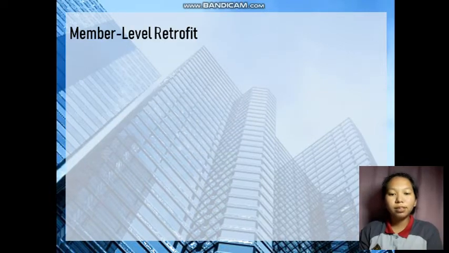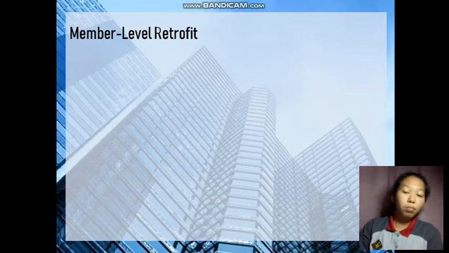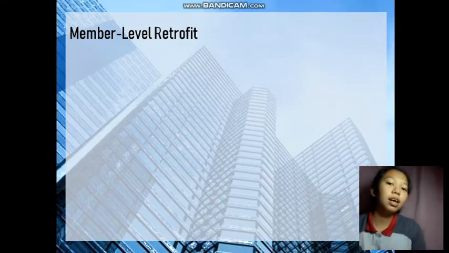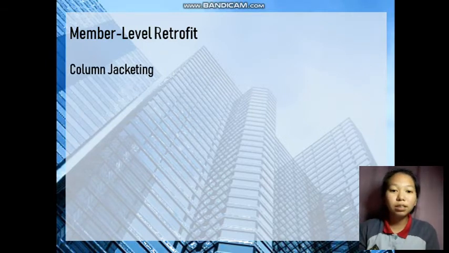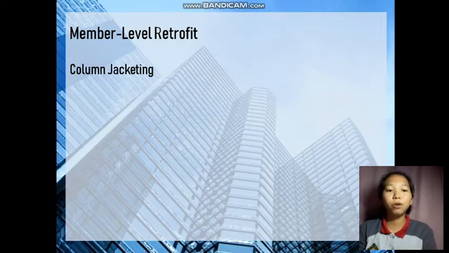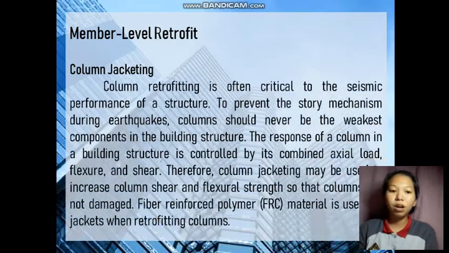So now, next is the member level retrofit. And for our member level retrofit, our method is the column jacketing. So, what's column jacketing? Column retrofitting is often critical to the seismic performance of a structure.